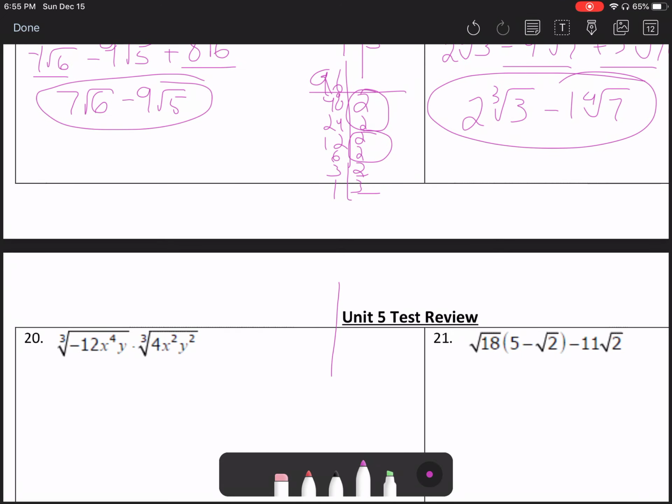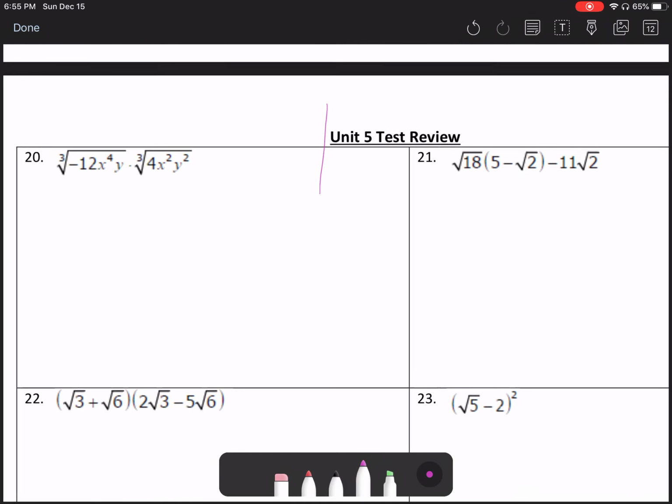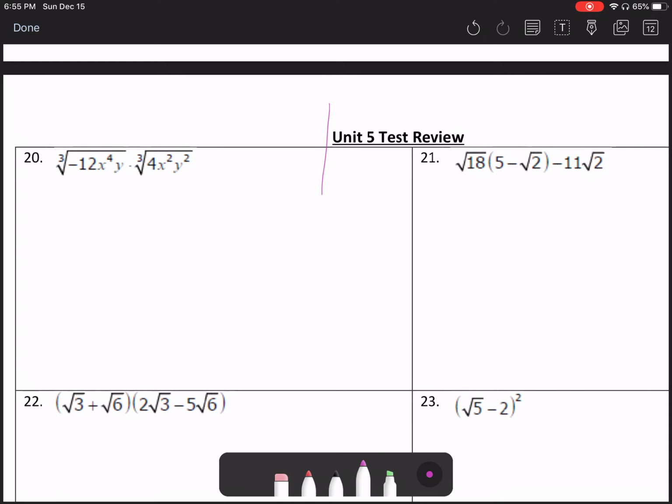Moving on to number 20. Number 20, I notice, we kind of talked about this, we have the same root here and here, so I can actually go through and multiply these across. So the cubed root, I know it's going to be a -12 times 4.